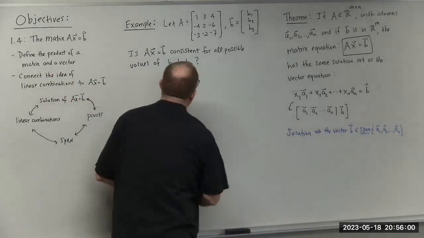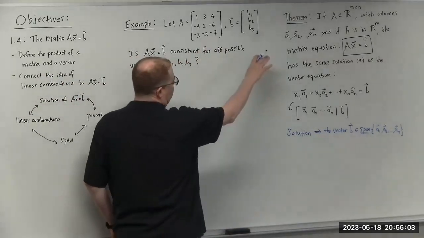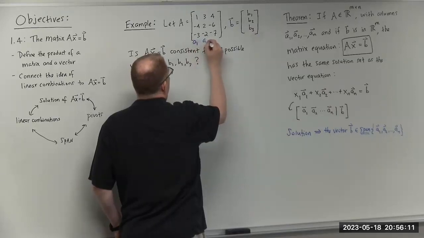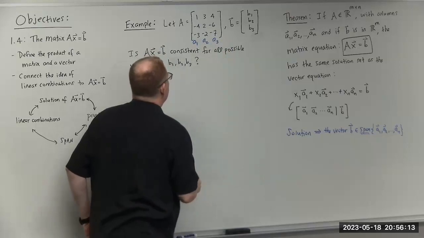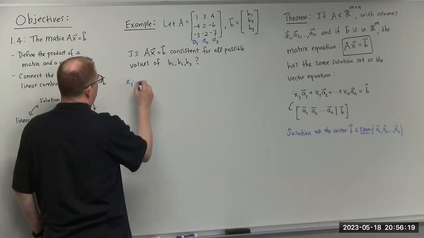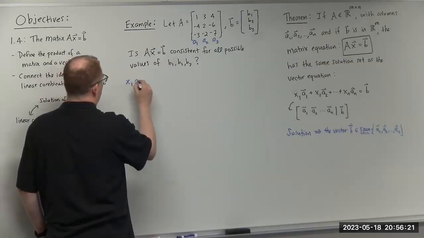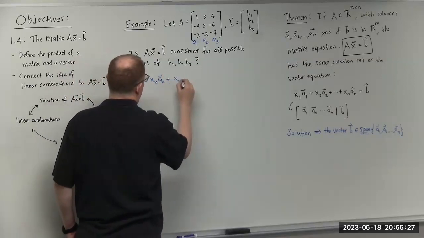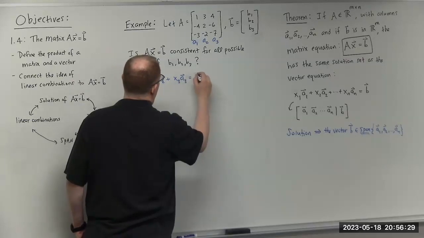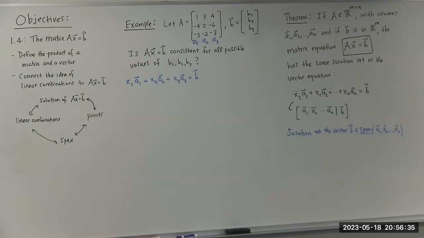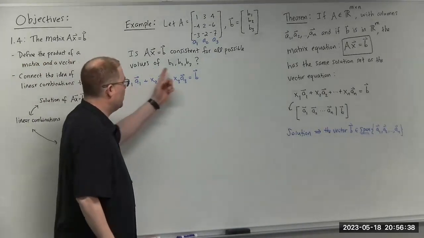Just to be consistent with what I have over here, we can say this is A1, A2, and A3. What we need to look at is X1 times A1 plus X2 times A2 plus X3 times A3 equals our vector B. So we need to see for which values this equation holds true.